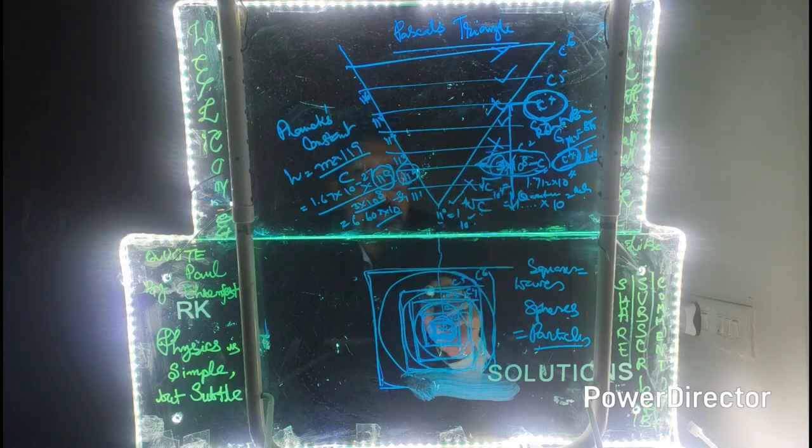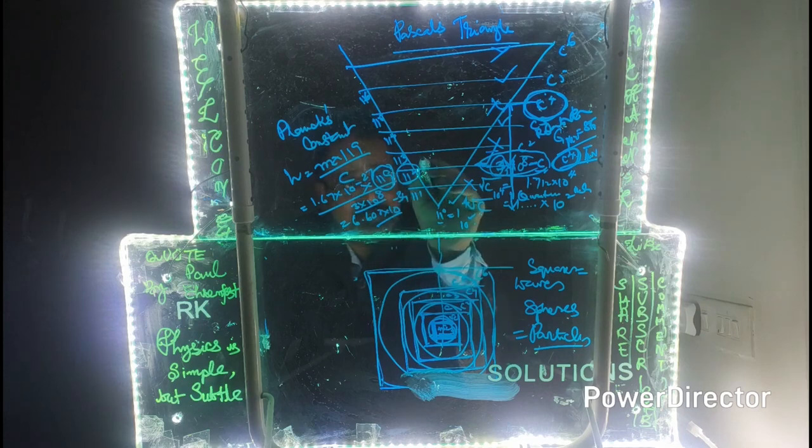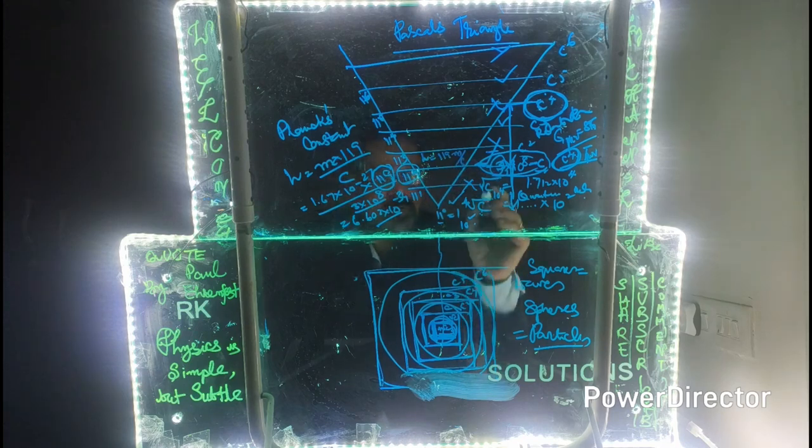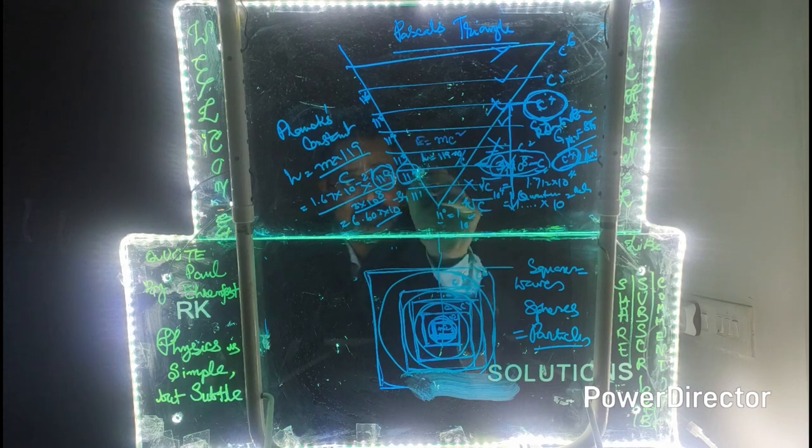For this, what happens is here I got that H equal to m by c. When you come to this, it becomes mc square. E equal to mc square. Here E equal to m by c. Again it repeats. So naturally it repeats.